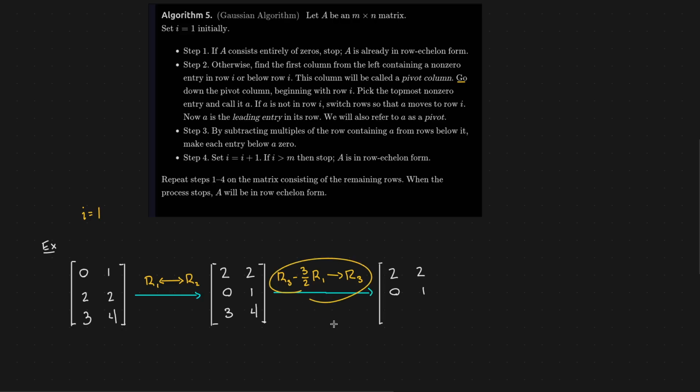But then if I do this elementary row operation, 3 minus 3 halves row 1. 3 halves times 2 is 3, so I get 3 minus 3 is 0. That's good, that's what I wanted. And then do the same thing for the next column. 4 minus 3 halves times 2. 3 halves times 2 is 3, so 4 minus 3 is 1.